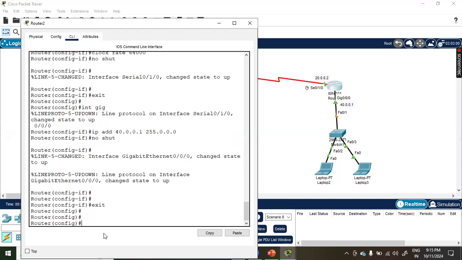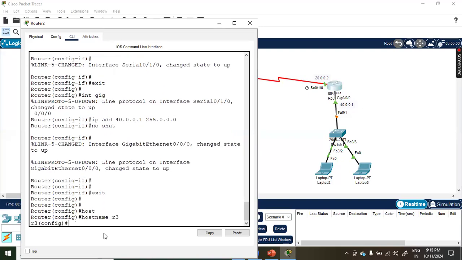Okay, and change the host name as well. Make the host name R3.